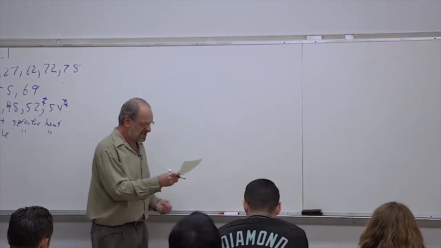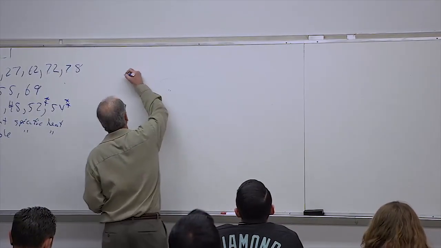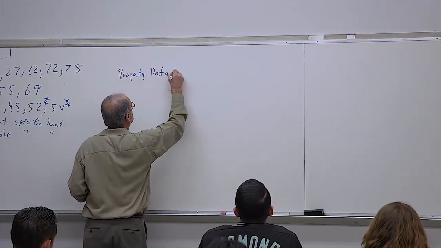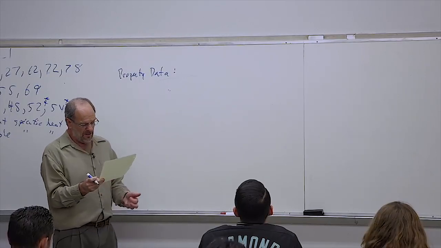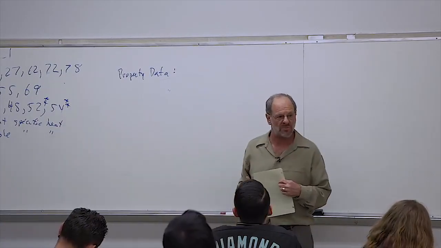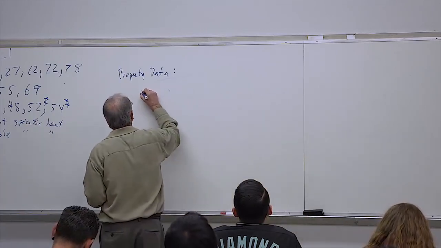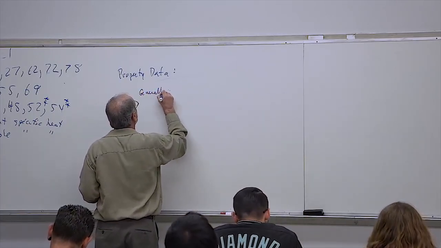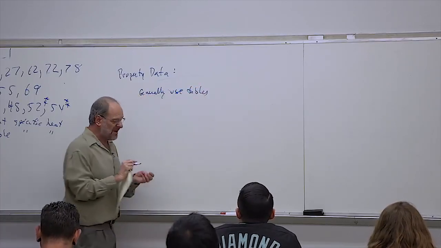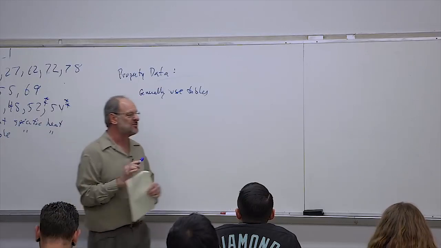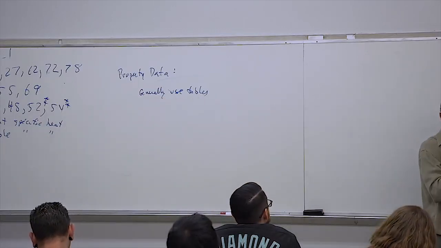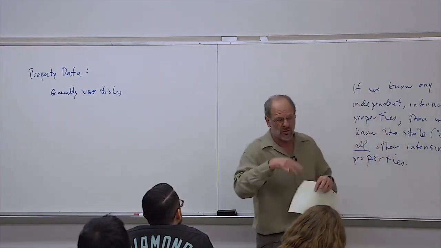All righty, now let's talk about property data. So first of all, there are many ways that we can find our property data, but for the most part, we're going to use tables. Now, there's only so much space in your textbook, and the author has chosen to pretty much just give you tables for water, not meaning liquid water, but H2O.